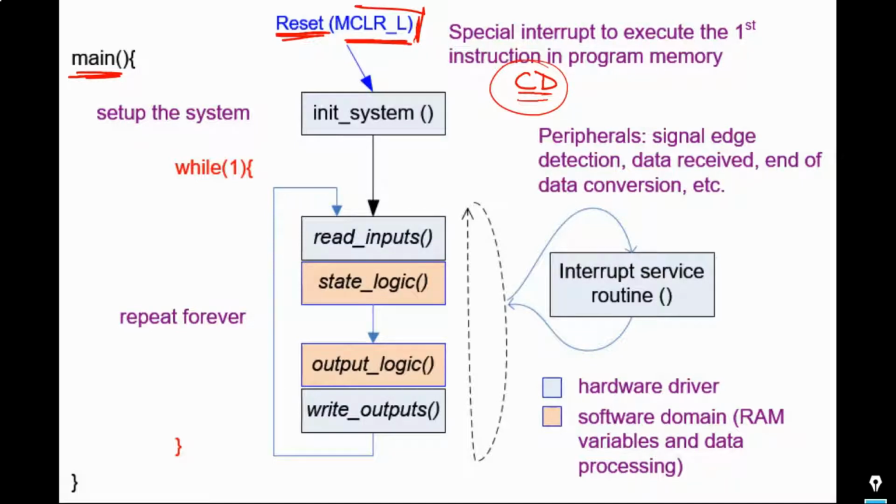So what we have to do in this initialization of the system, one time only after every clear direct pulse, is to initialize the system. Naturally, we have to configure, for example, the pins to be inputs and some others to be outputs, and we have to configure as well what kind of interrupts are going to be available in this application.